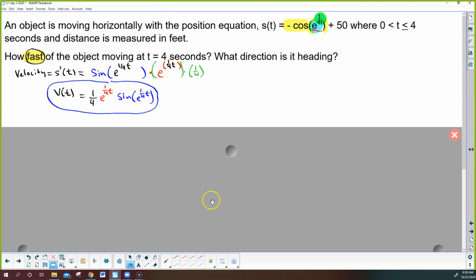Well, now we've got to figure out how fast it is going at 4 seconds. So I'm going to plug 4 into this function. Look at my notation. I'm going to call it v of 4.